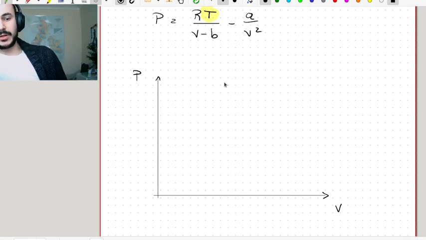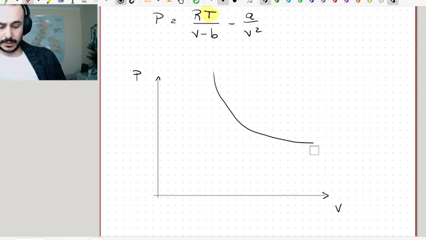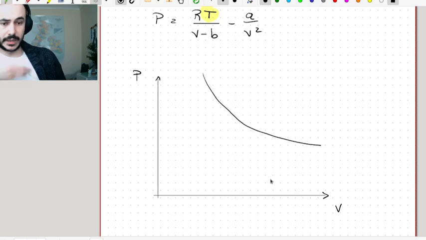So if my temperature is some large value, we will see that the isotherms are going to look a lot like the isotherms of an ideal gas. That is, the pressure is a monotonically decreasing function of volume. And we can choose maybe a smaller temperature and we will see something similar.